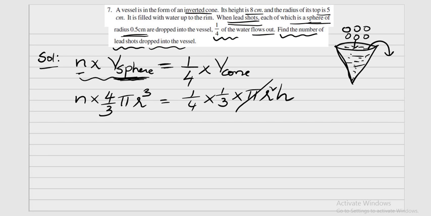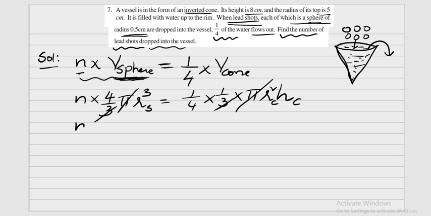So on both sides I can cancel out pi and pi. So this height is nothing but height of cone, and this is radius of cone, and this is radius of spheres, right? So from this I can cancel out 3 and 3 in the denominators.